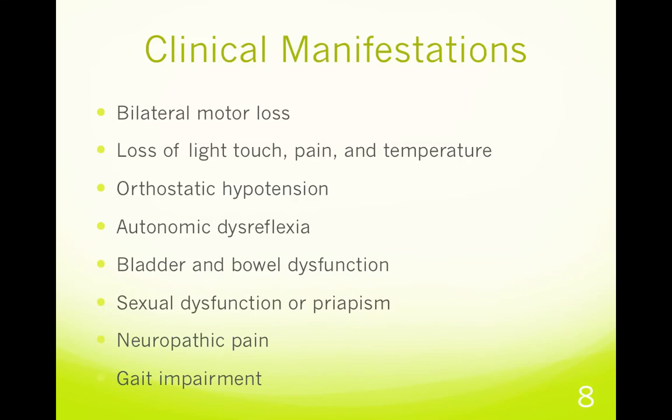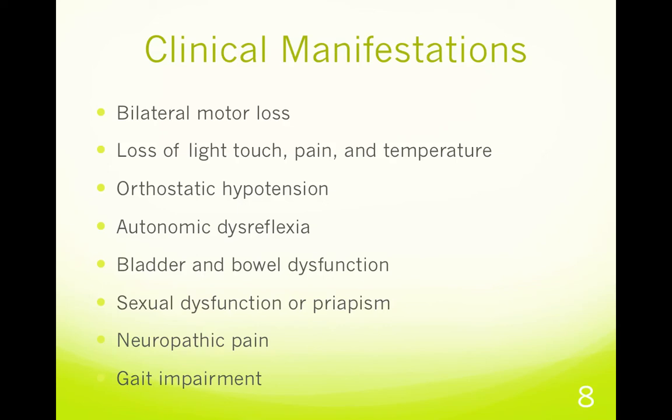So, the clinical manifestations of anterior cord syndrome. As we saw a few slides back, the lateral and ventral corticospinal tracts are responsible mainly for voluntary motor control, while the lateral spinothalamic tract is responsible for pain and temperature, and the ventral spinothalamic tract is responsible for light touch.